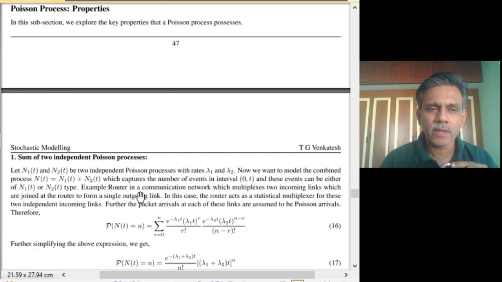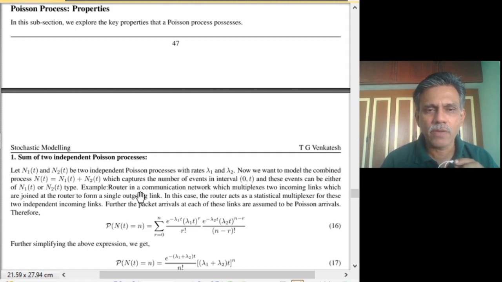Now if you look at the combined packets that have arrived through either link 1 or link 2, that process is a sum of two Poisson processes, and we say that we have merged the two processes.